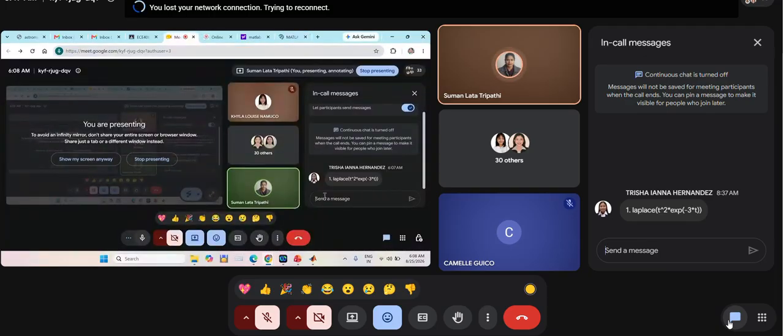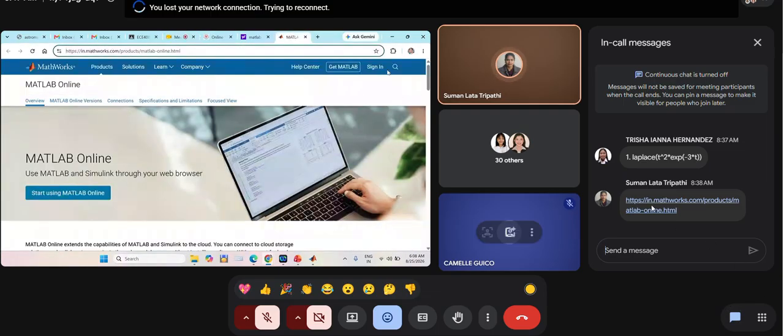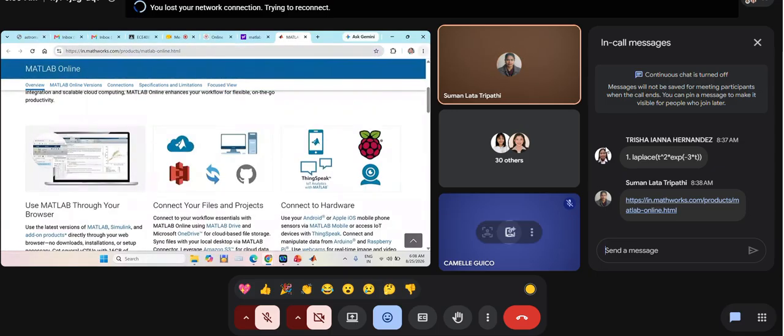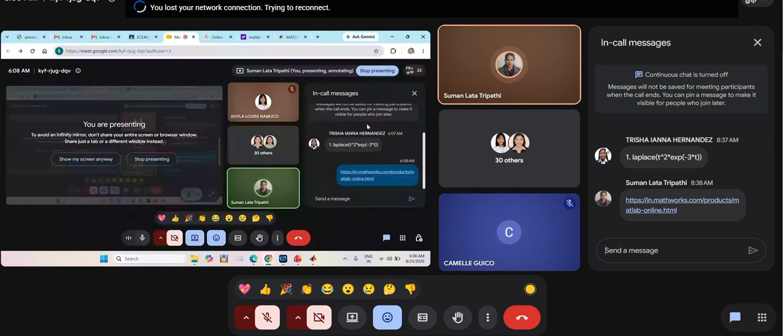You can use this. Go to this link, login, I mean, start using it with your Google account. You can use this MATLAB online. This one. I hope my screen is visible to you. So just let me know the issue. Nobody is responding.